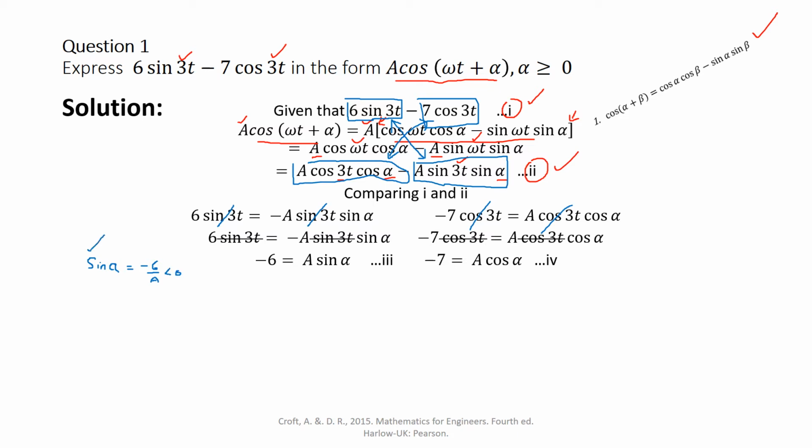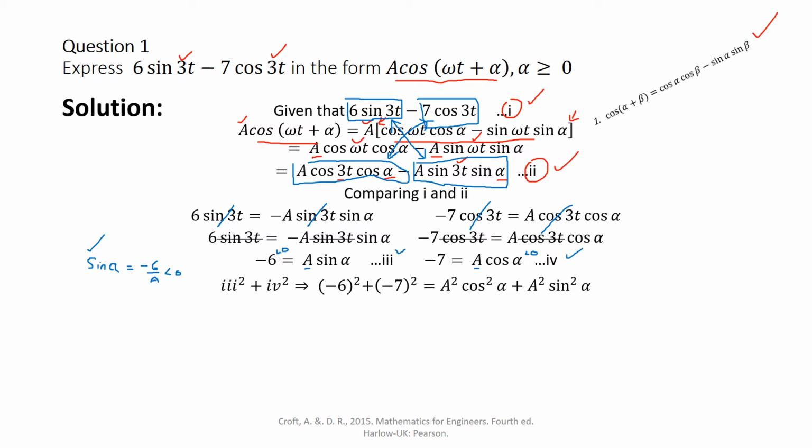Even if you don't write it, we can see from here amplitude is always positive, so this is minus 6, or you can write here that it is less than 0. In the same way amplitude is positive, so it means cosine is also negative. This negative status will be used later. Anyway, this is equation 3, this is equation 4.